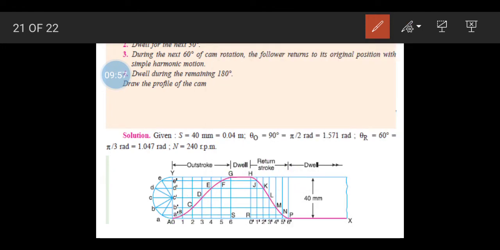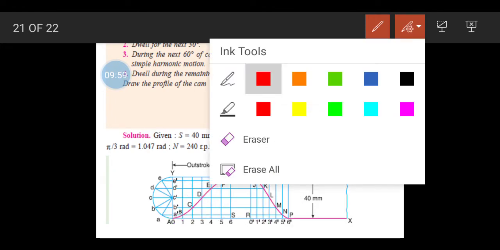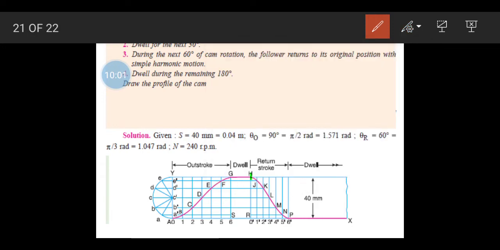These intersect points are nothing but H, J, K, L, M and N, and the last is the P point. So we will join these and we will get another smooth curve. So at the end we will be joining all these lines. So this is how the profile of the displacement diagram is constructed.